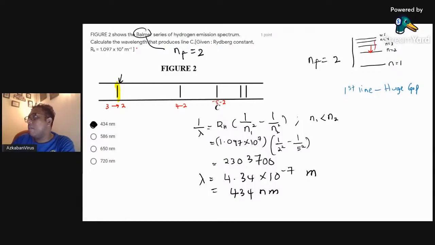Line kedua, 4 pergi 2. Itu yang menghasilkan this line. Line yang ketiga, 5 pergi 2. Itu yang menghasilkan line C ni. Okay. So, you have the third line ni. Sat line situ dibuat daripada 5. Jatuh ketiga. Jatuh ketiga dari this photon tu yang menghasilkan this line.